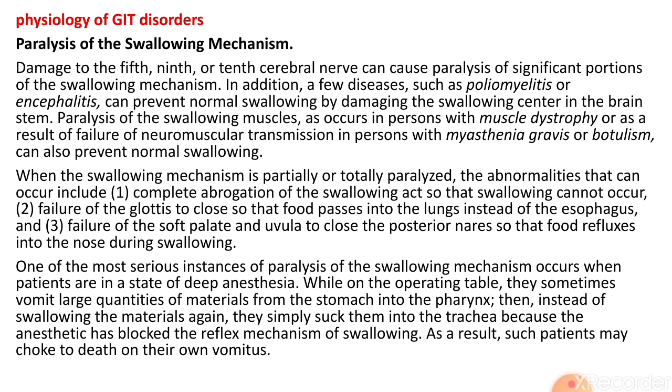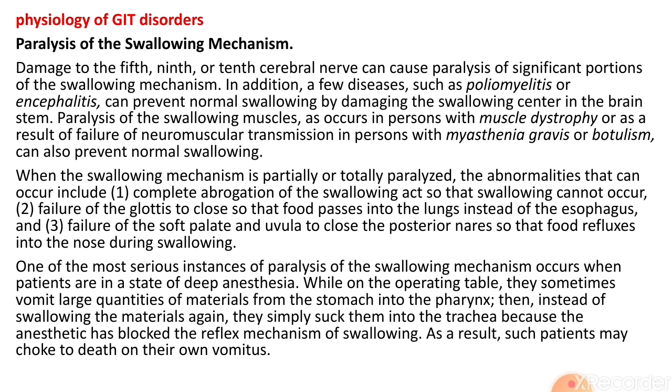Or it might cause a failure in the closure of the soft palate and uvula, and in this case the closure of the posterior nares does not occur, and the food passes into the nose instead of passing to the pharynx.